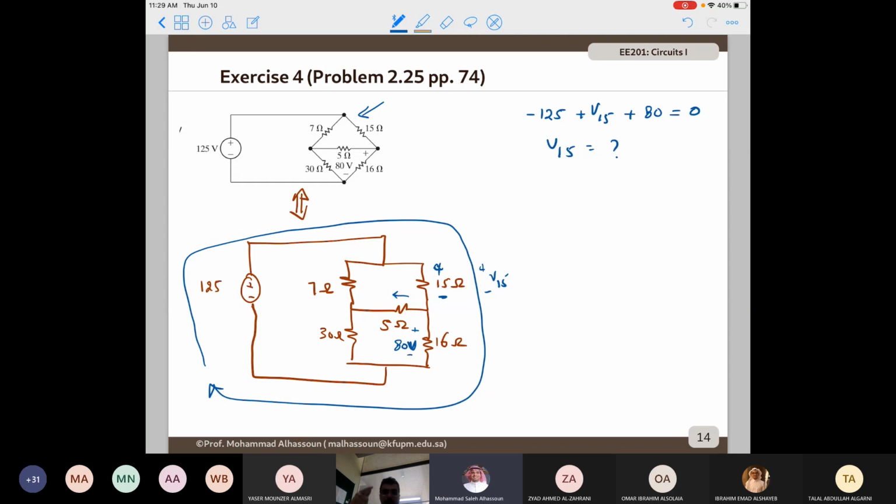Then you keep repeating the same procedure until you have either the current or the voltage in every part of the circuit. Once you know that, you can determine the power by applying either I squared multiplied by R or V squared divided by R. So I'll post the solution for this one.